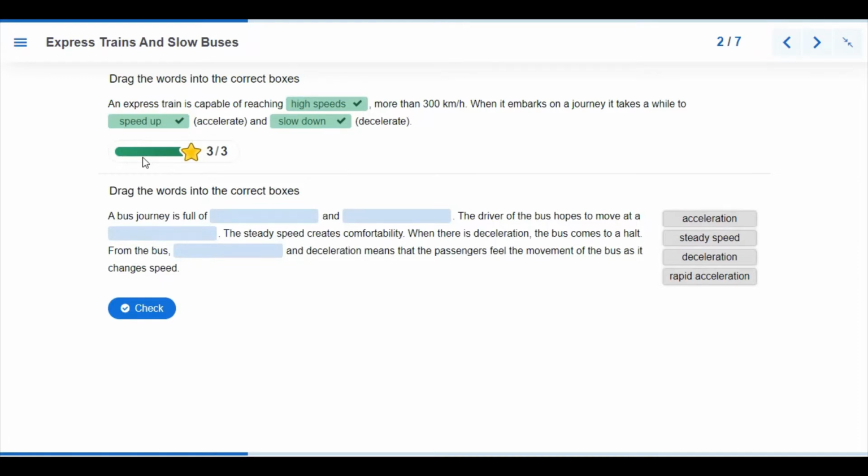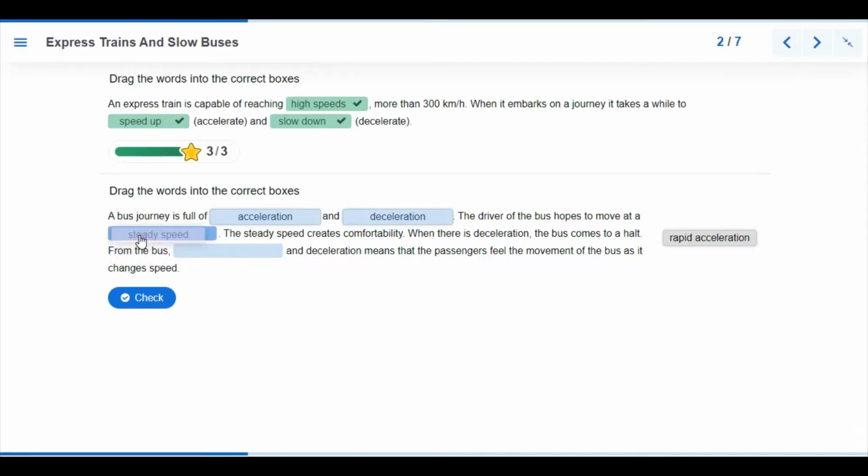A bus journey is full of acceleration and deceleration. The driver of the bus hopes to move at a steady speed. The steady speed creates comfortability.